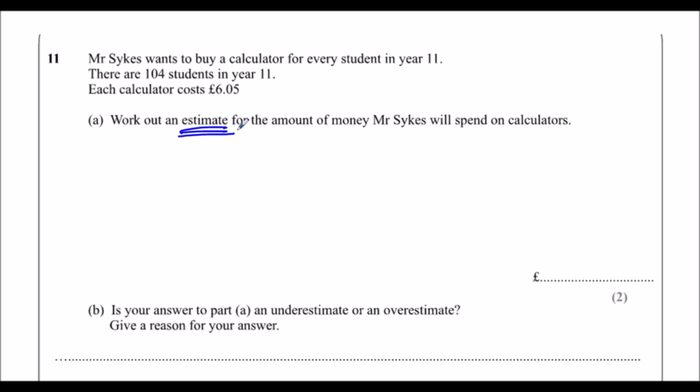And we're in a non-calculator exam, so we're going to be rounding these numbers. So 104, if we round to the nearest 100 to one significant figure, that would be 100. And £6.05, if we round that to the nearest pound, that would be 6. So 100 times 6 is £600.